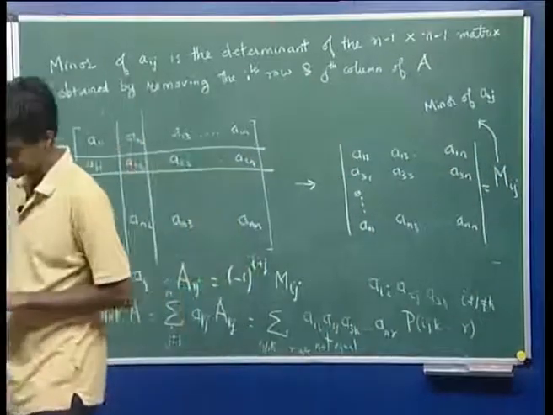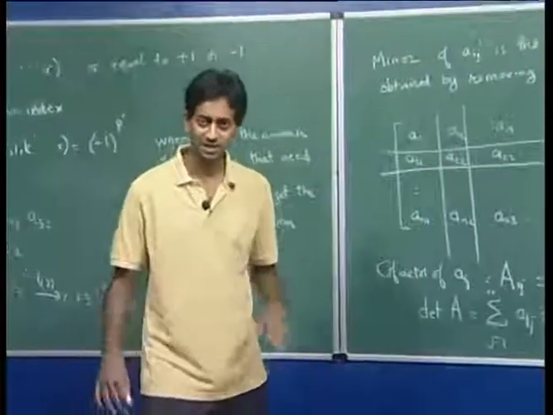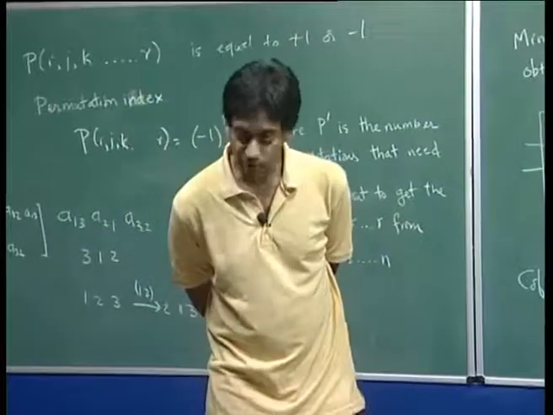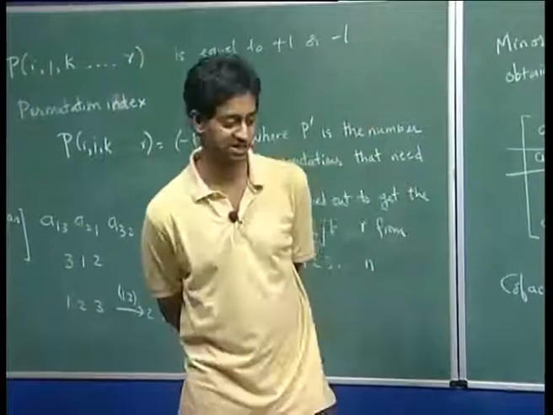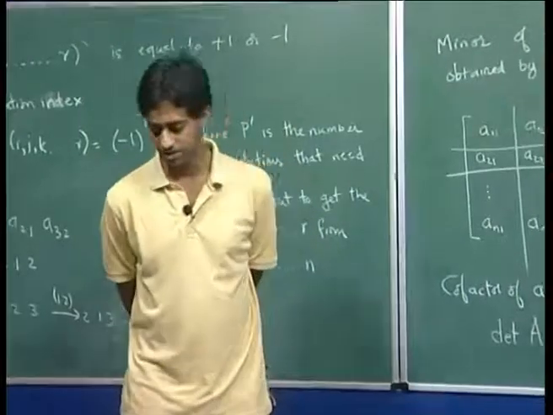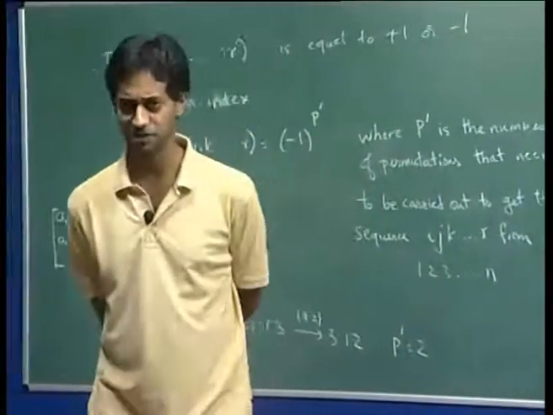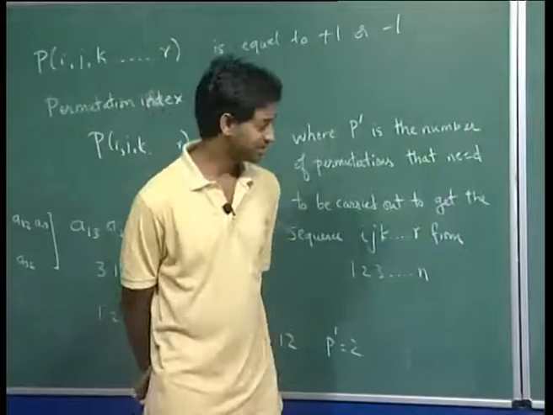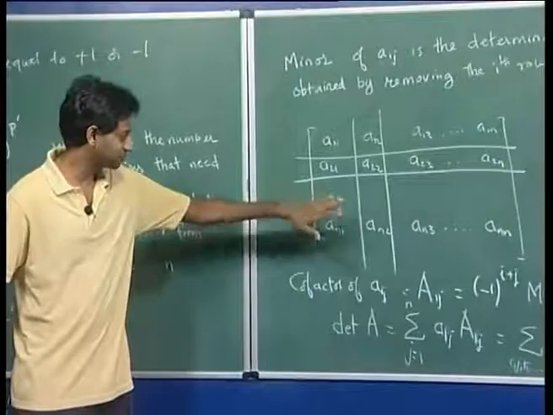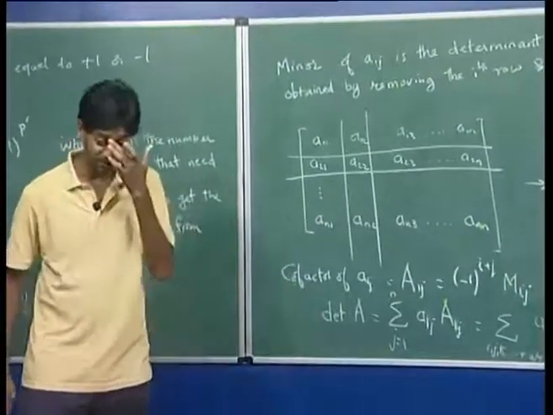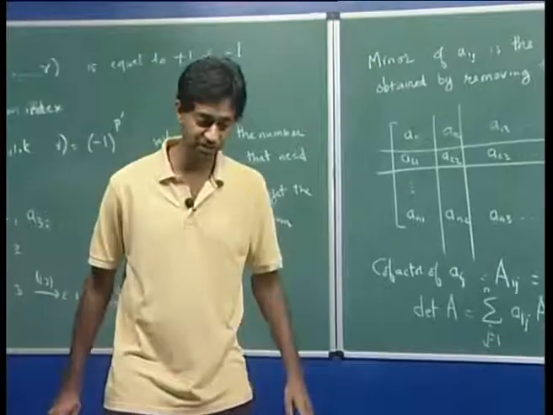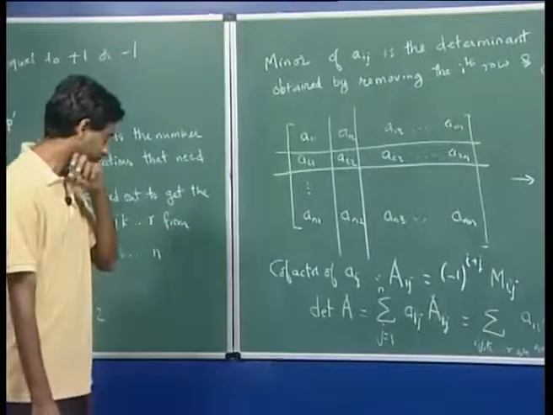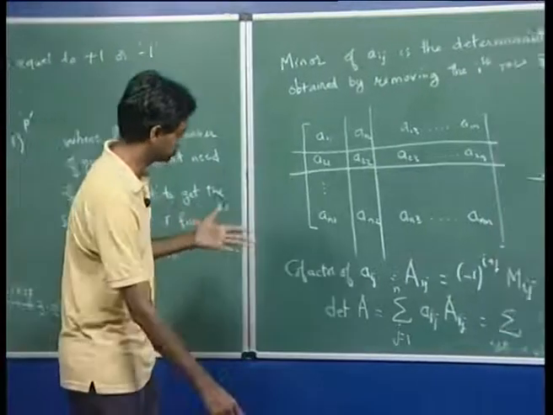However, it might be fairly intriguing for you to know that if you are calculating the determinant of a large matrix, and when I say large, I mean greater than 10, I mean 10 is also large enough, but for any matrix larger than 10, it turns out that this way of calculating the determinant using cofactors and minors is much less efficient than the method of Gauss elimination.